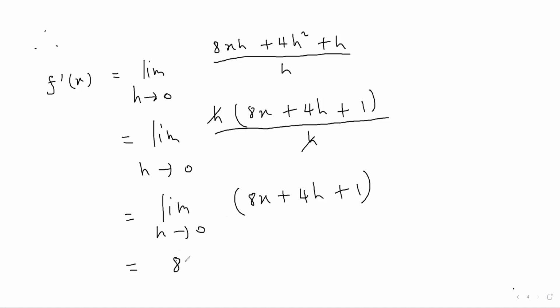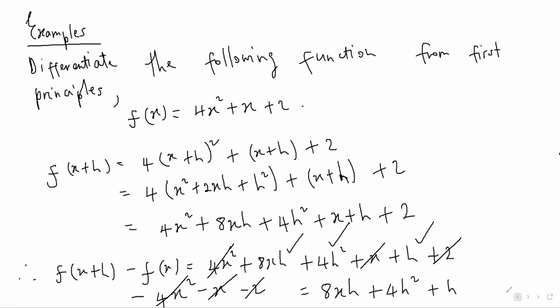So we've got 8x plus 4h, in place of h we put 0, and of course plus 1. And 4 times 0 is of course 0. Therefore the derivative of our function is equal to 8x plus 1. So that's what gives you the derivative. This is called differentiating from first principles.